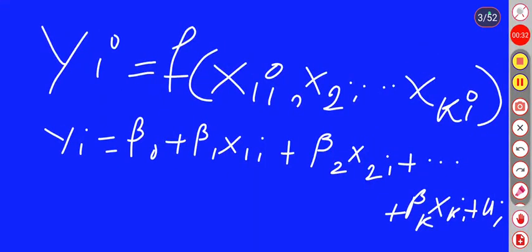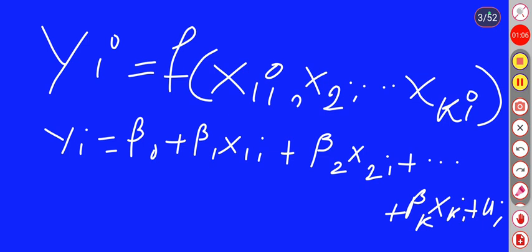Now in the first stage, yi is the explained variable, denoted by yi, and x are the explanatory variables, so y depends upon x. Here there are k explanatory variables, which we can show this way: yi is equal to f of x1i, x2i, x3i, x4i up to xki.